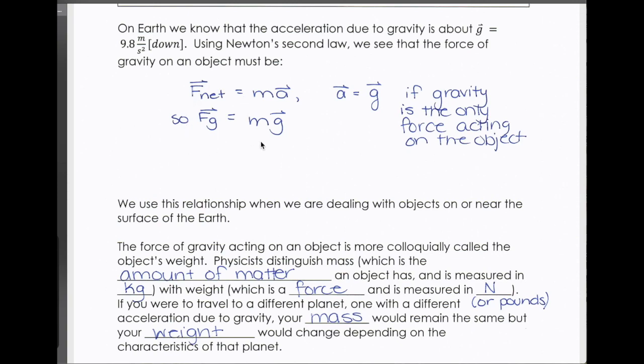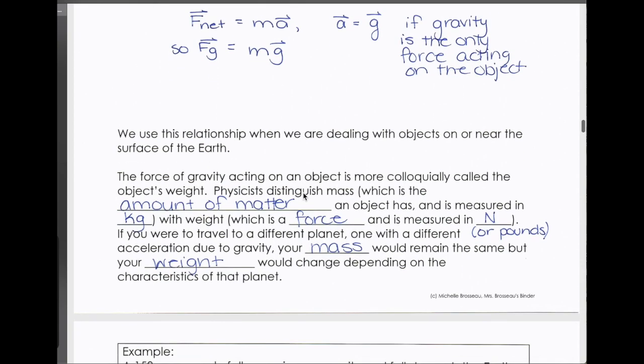Okay, the force of gravity is going to be different depending on the object. So an object that has a greater mass is going to experience a greater force due to gravity compared to a smaller mass object.